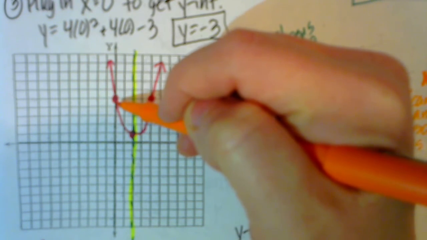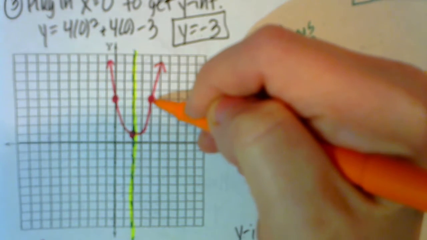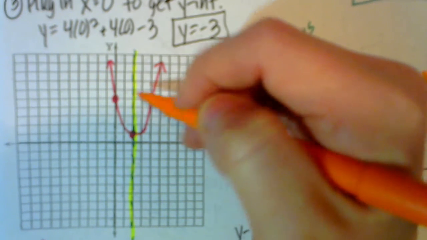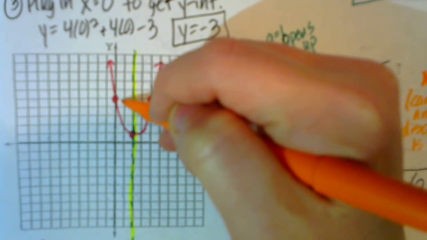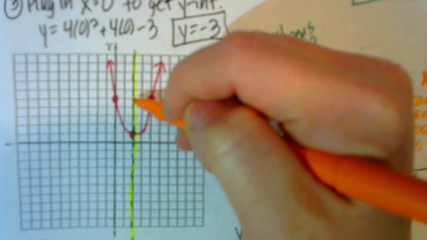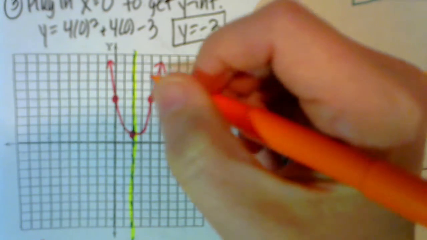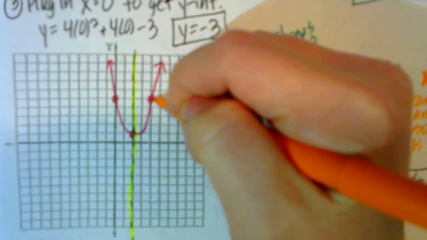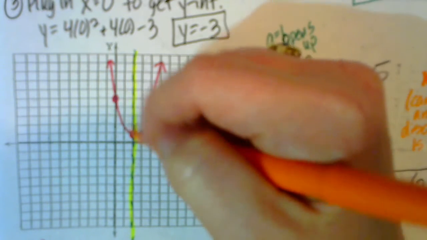I know that for sure. If I look directly across, I should find a mirror image. Well, the point 0, 5 is 2 units from this axis of symmetry. That means if I go over 2 more units on the other side, that is the symmetric point in the graph, so that I can have 3 points.